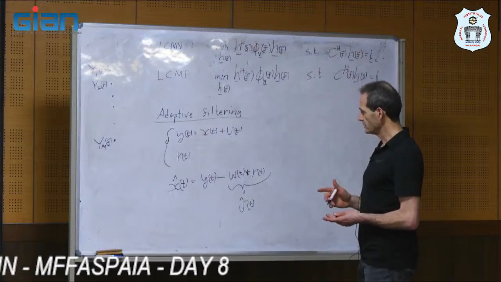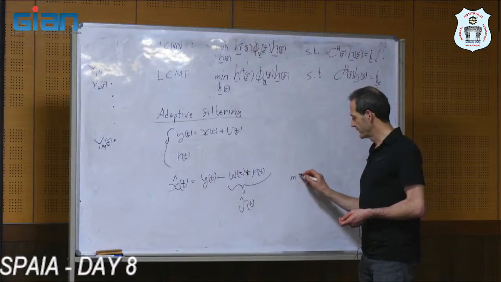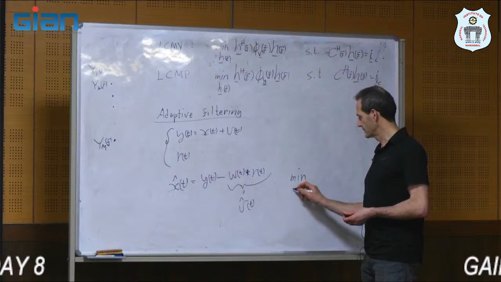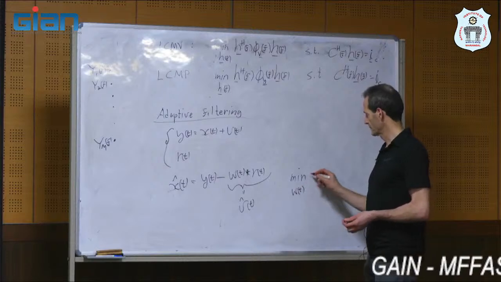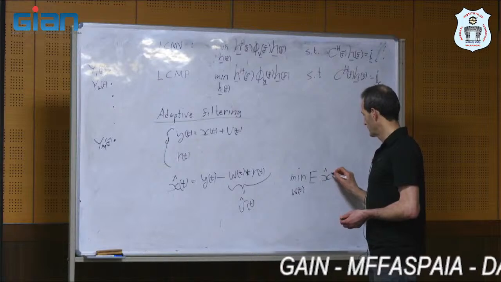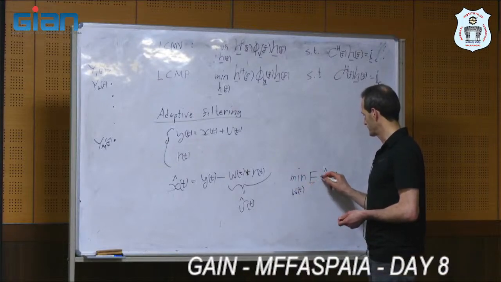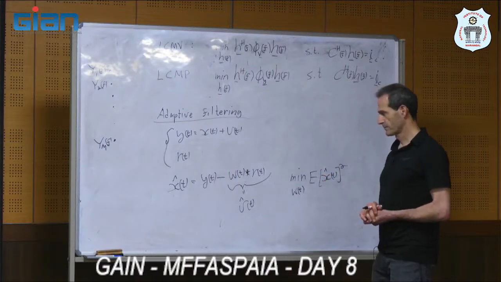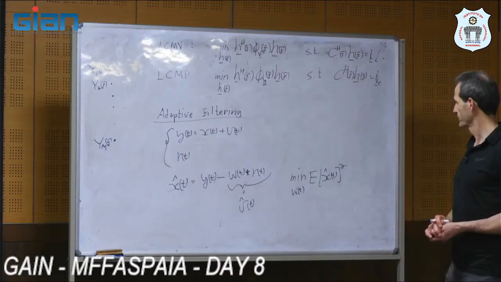So it turns out that the optimal filter is obtained by minimizing the variance of the output of the adaptive filter. Okay? So this is what we want to achieve.